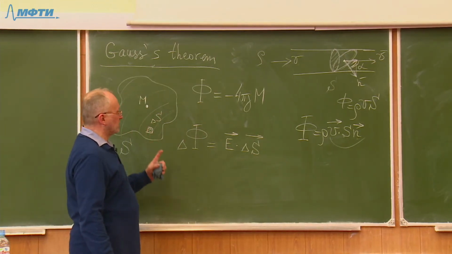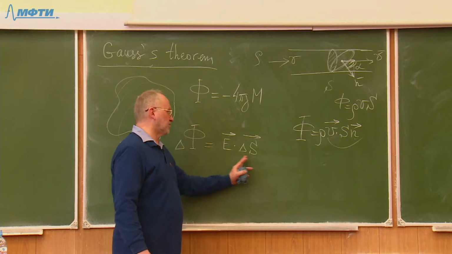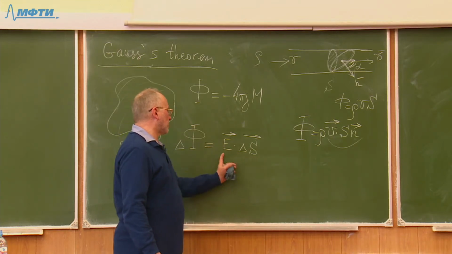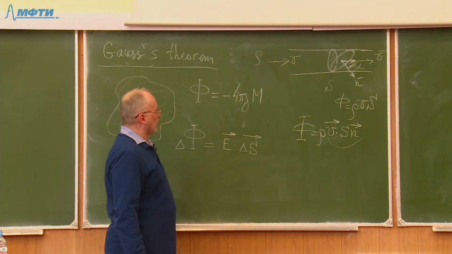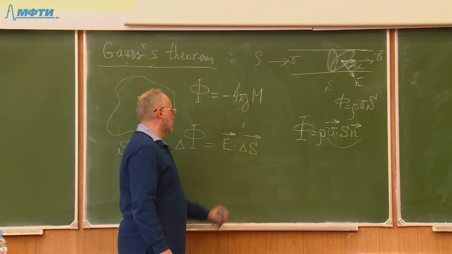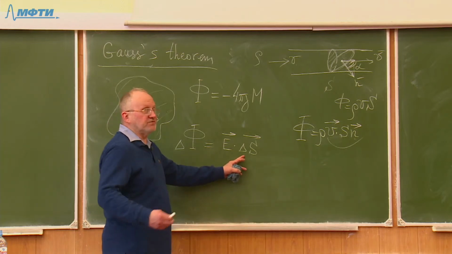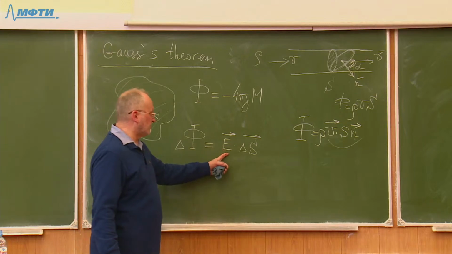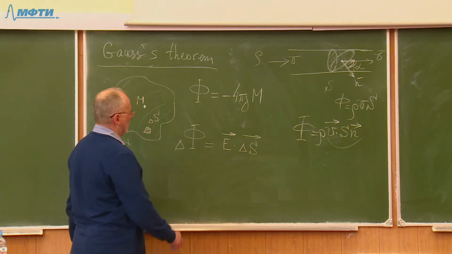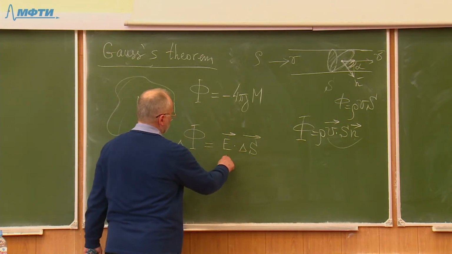So if we introduce such a vector of surface, a vector of area, then scalar product of electric field strength and such a small area is by definition determined as the flux of electric field through this surface. What is the strength of electric field?